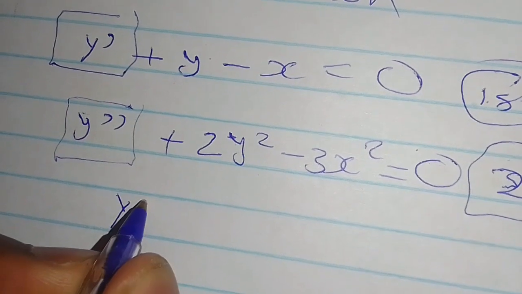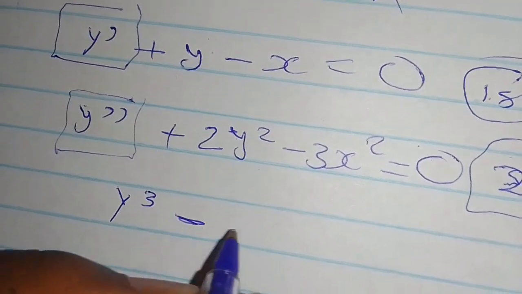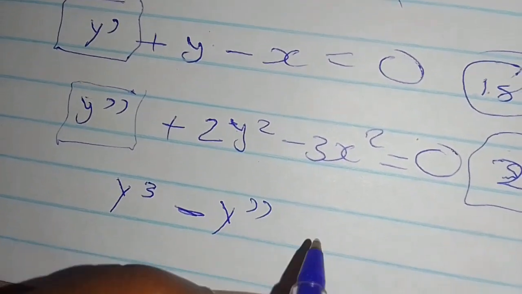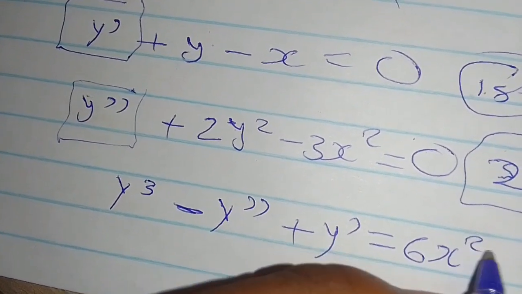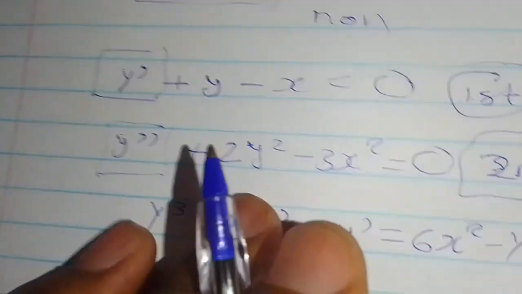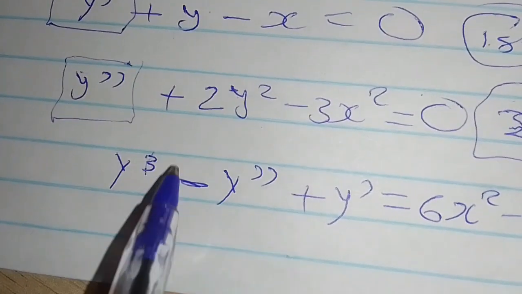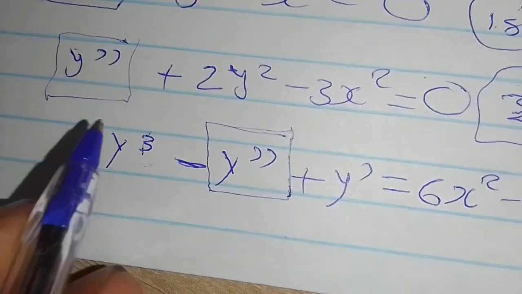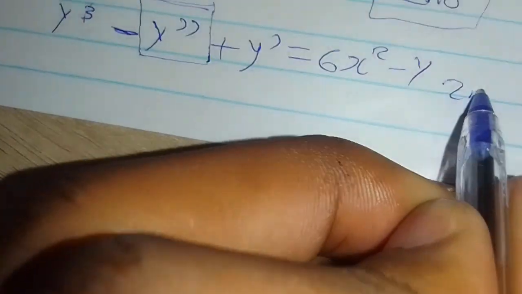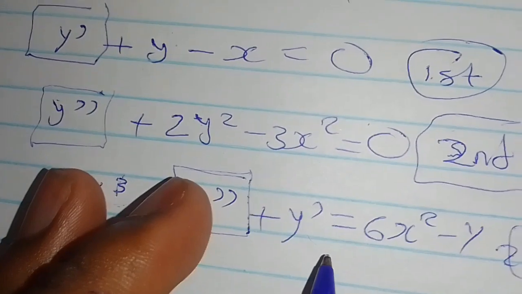And then if you have y cubed minus y double prime plus y prime equals 6x squared minus y, what order is this? The cube does not represent the order, by the way. So this is still a second order differential equation.